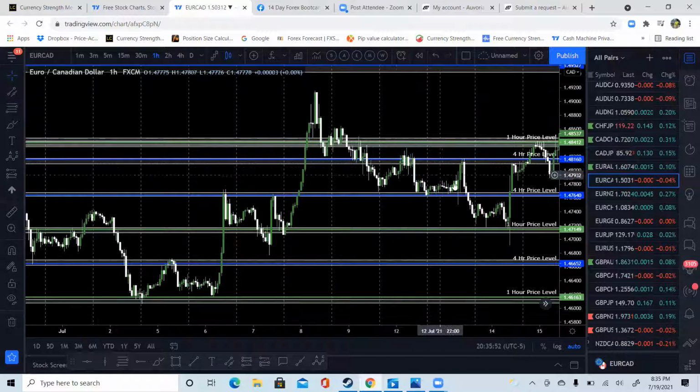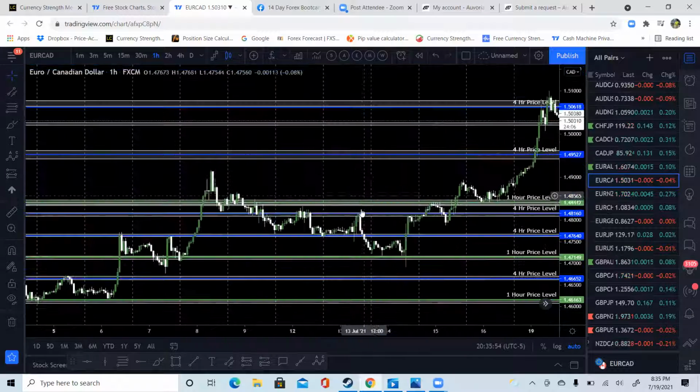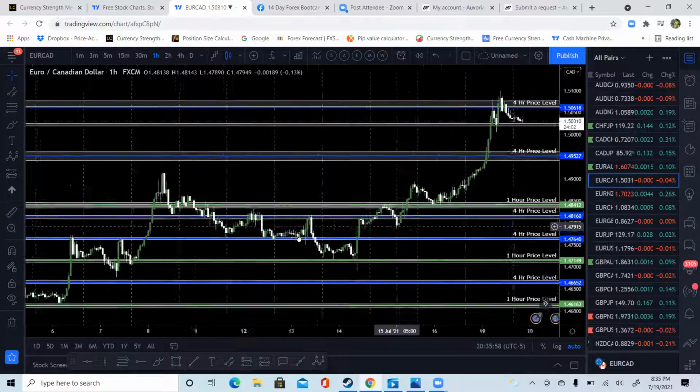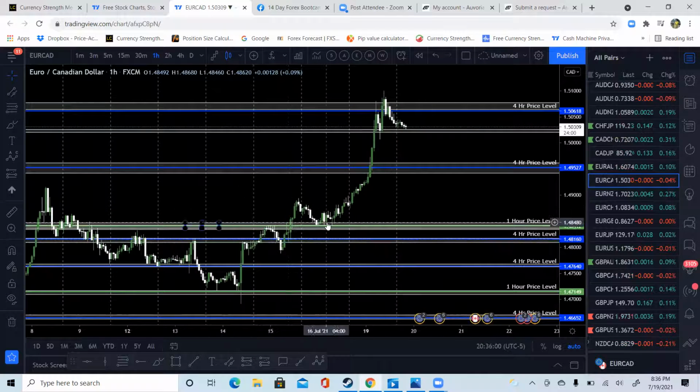But you can have nice solid moves even in the small parts. But when you get up here, where there aren't as many price levels, the distance between your entry and your take profit can increase because your price levels are more spread out.